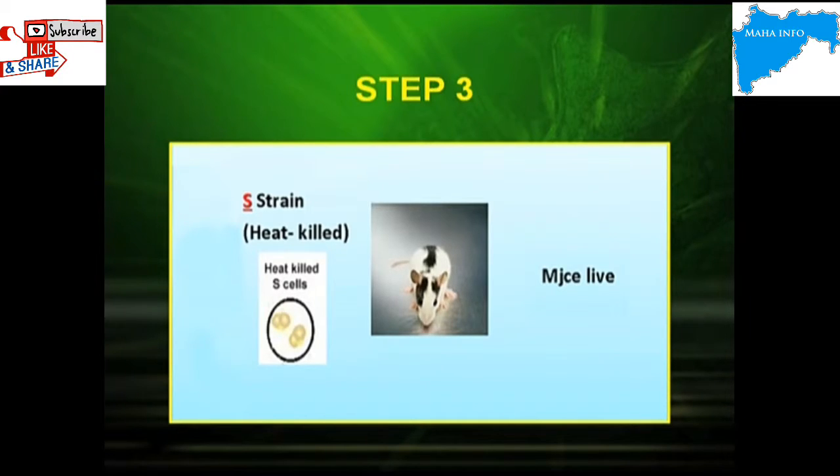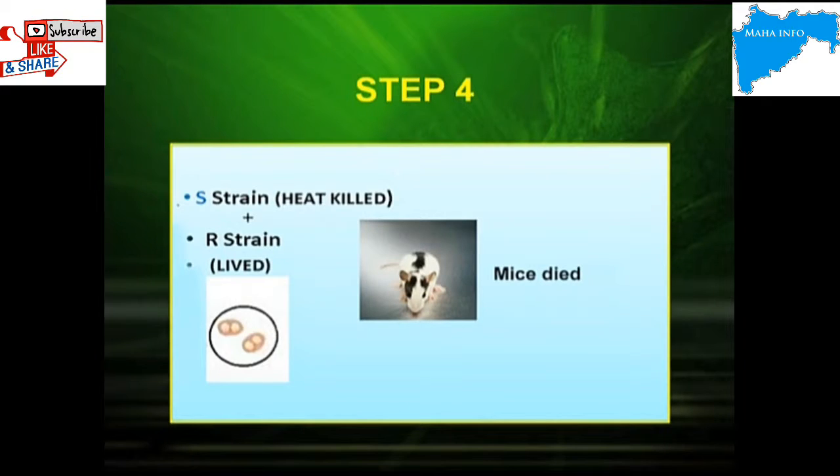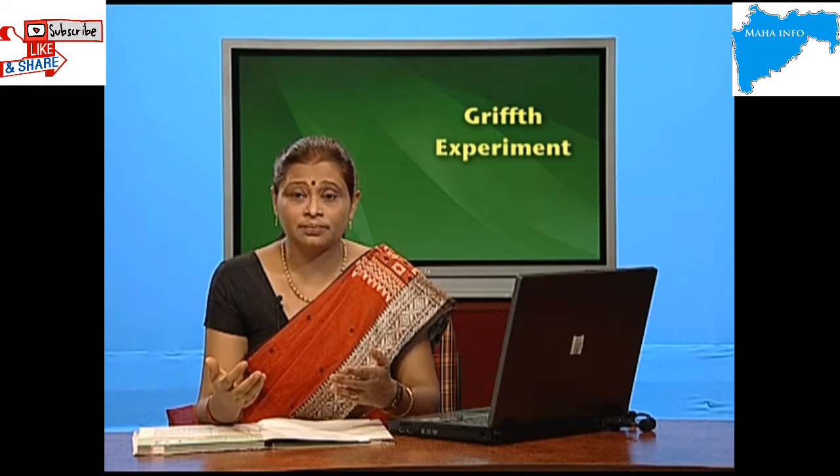He found the mice live. In step 4, he mixed the heat-killed S strain with the living R strain, and to his surprise, he found the mice died. How did it happen?